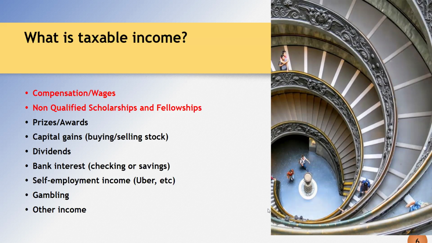If you receive prize awards, capital gains, dividends, bank interest, if you decided to be an Uber or DoorDash driver, if you won money in Las Vegas, everything has to be reported on your U.S. tax return. Our focus today will be compensation and wages, because some of you are working for UCSC, and a lot of you will be filing tax returns because you received non-qualified scholarships and fellowships.